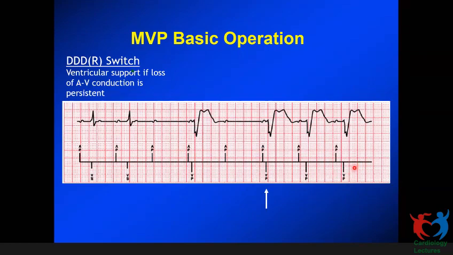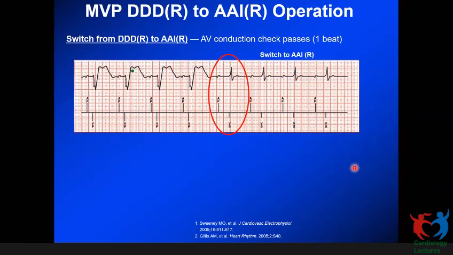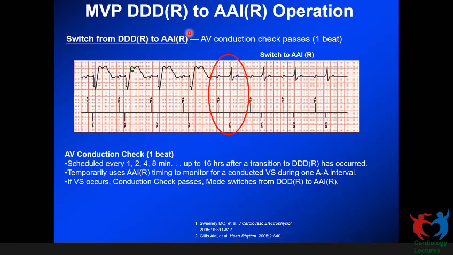So in order to know this, after some time, the pacemaker will shift for 1 beat to an AAI mode, as you can see here, which is usually 1 minute after the last switch. In this case, it finds AV conduction and goes back to AAI mode. But if it does not find AV conduction, then it will attempt the same at 2 minutes, 4 minutes, 8 minutes, in that progression all the way up to 16 hours.